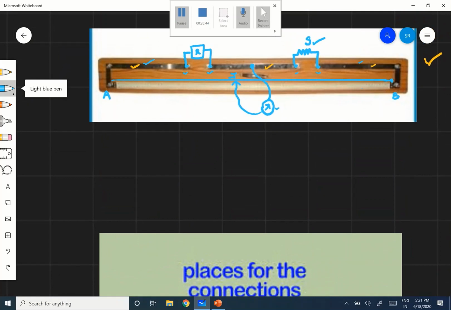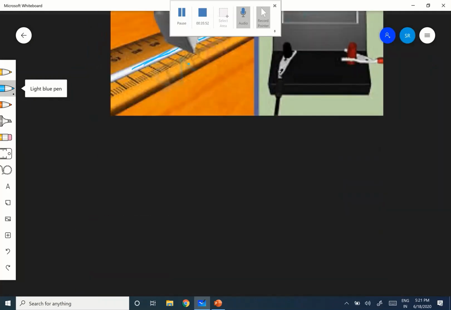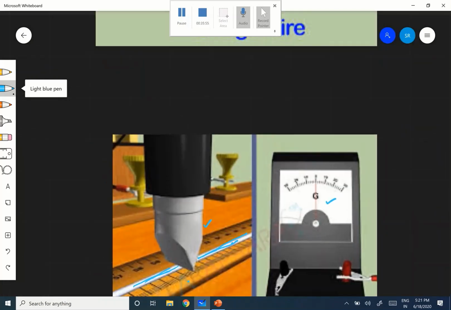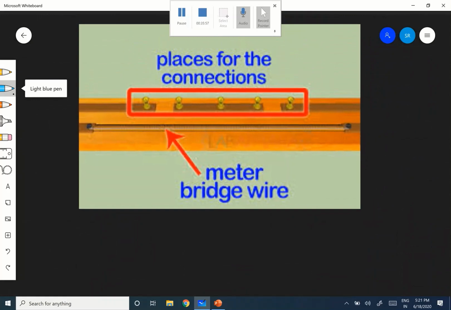These two, R and S, are connected here. If you people were doing the experiment, it would be easy, but because you have not even seen the apparatus, I thought let me show these things. Here is the terminal where R is connected, and this is the terminal where the unknown resistance is connected.